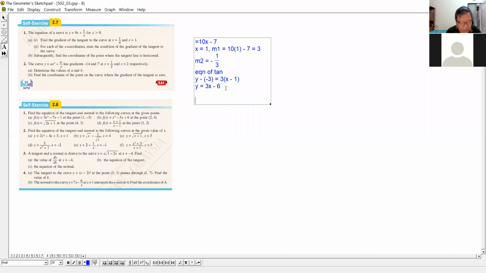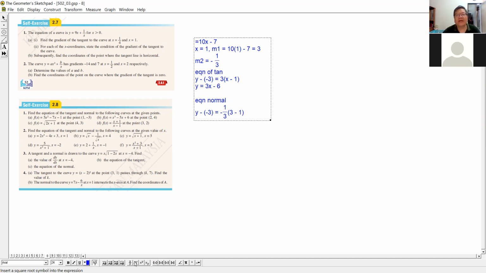How about the equation of normal? Have you found it? y minus negative 3 equals the gradient, negative 1 over 3, times x minus 1.